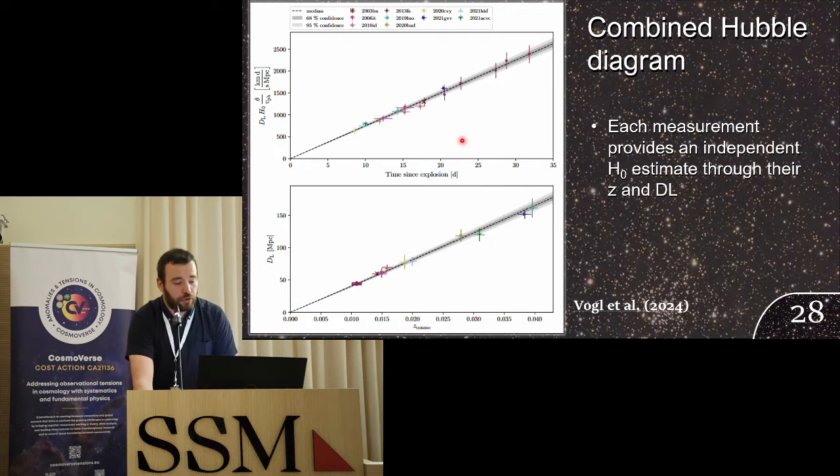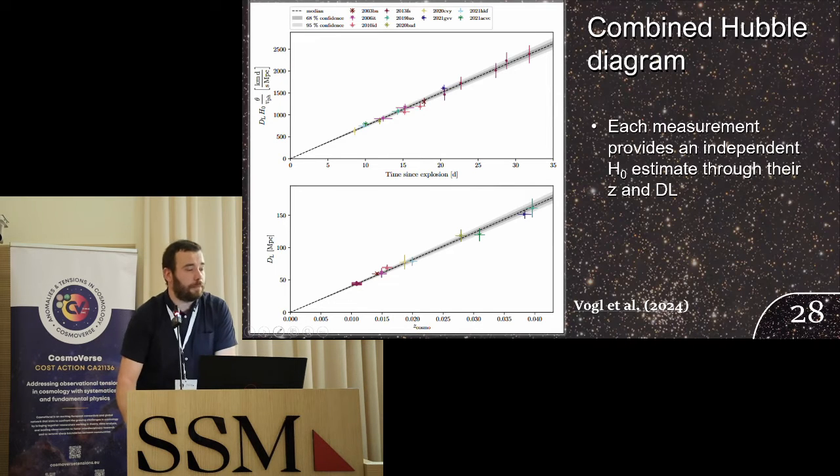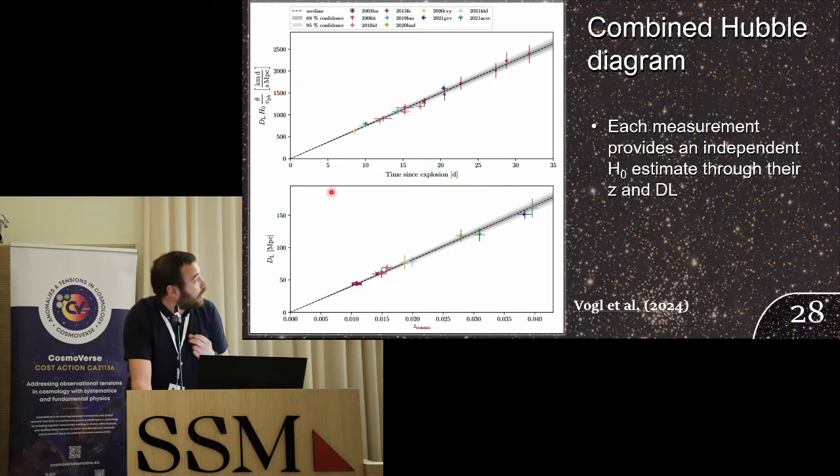We can also try to combine the individual models separately instead of just constructing a Hubble diagram on a supernova to supernova basis. Basically, we can use every single spectrum and put them on the Hubble diagram separately. This is something that I can talk about if you're interested later on in the discussion session. But basically, this allows us to have a more precise H0 estimate by decorrelating the individual spectral models.